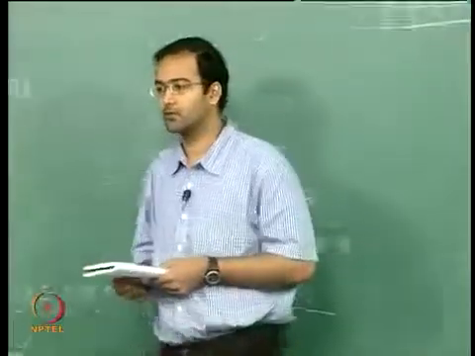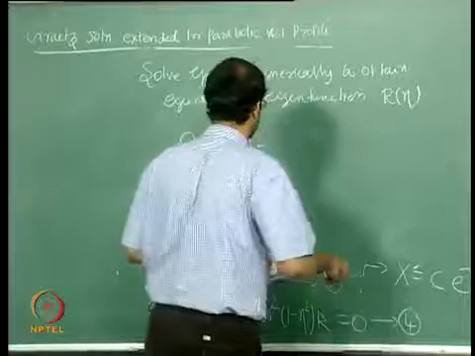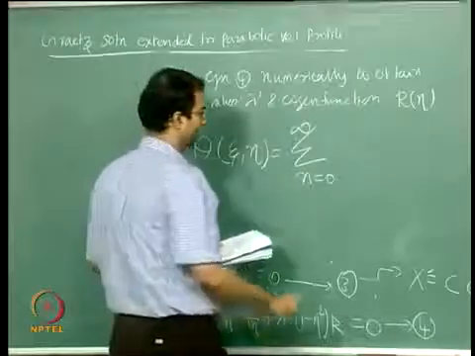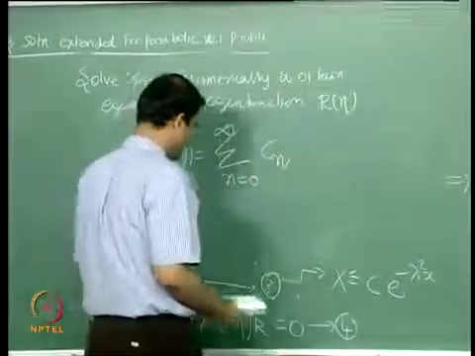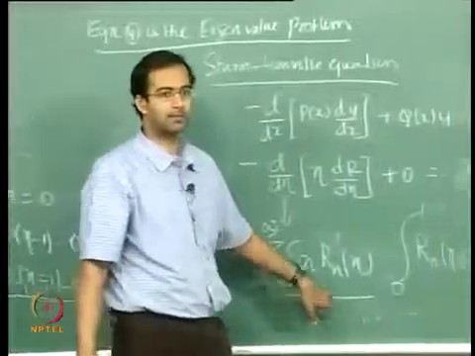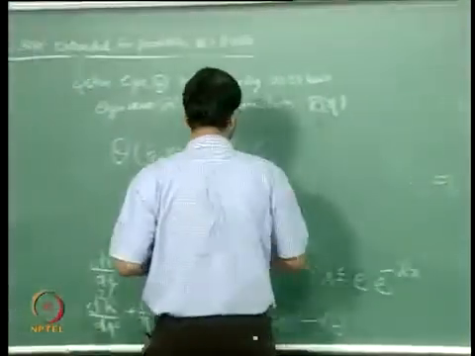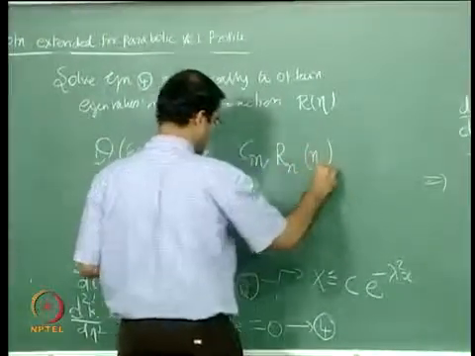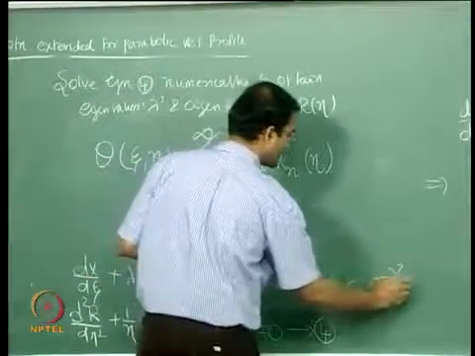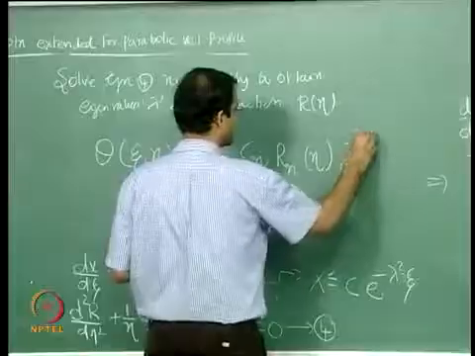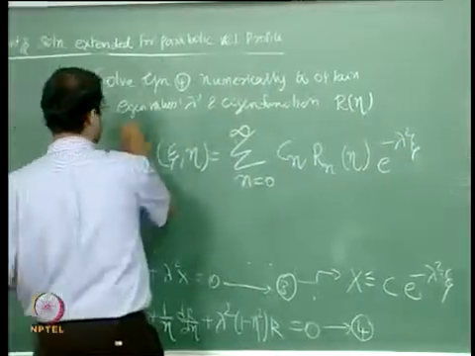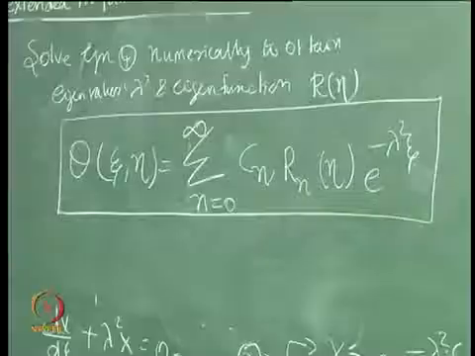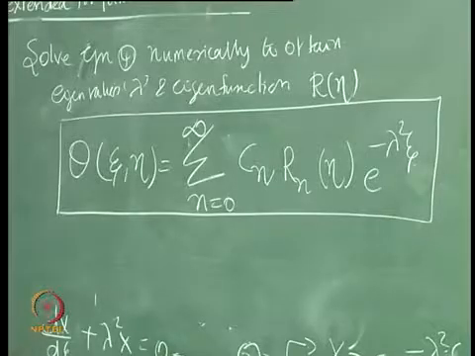So you have to linearly superpose all these solutions, using a summation from n equal to 0 to infinity. The constants coming from this c you just club together as Cn, into the eigenfunction Rn of eta, and the solution coming from the other equation, that is e power minus lambda square zeta. This is the form of your solution, the product of this and this.